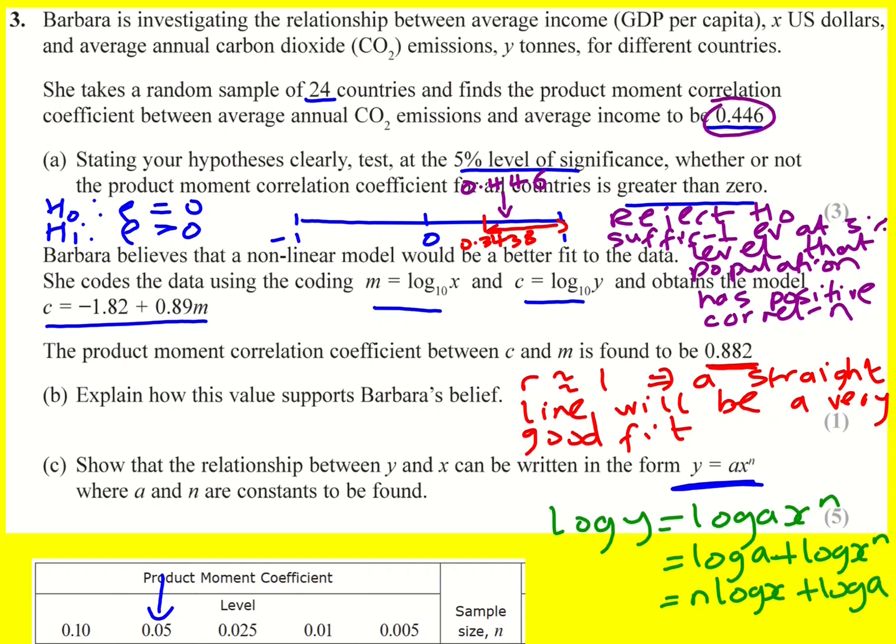And this is what I was talking about before. If you have this curve and you were to plot it, I can't say exactly what it would look like at the moment because it depends on the value of n. But for example, if n was 2, we'd get a quadratic. But if instead of plotting y against x, you plot log y against log x, then you would get a straight line, something like this.